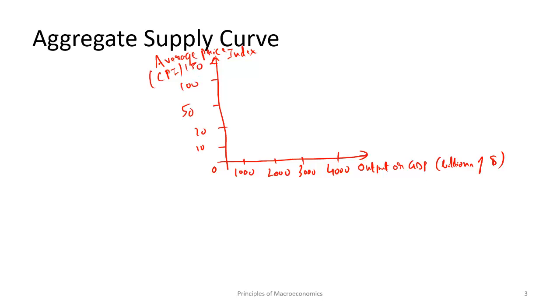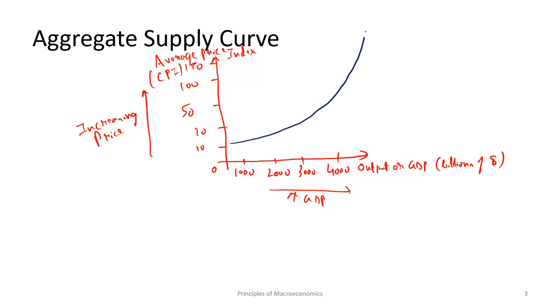The higher it goes up here, it means increasing price, and GDP increases as we move towards the right. A typical aggregate supply curve would look something like this.